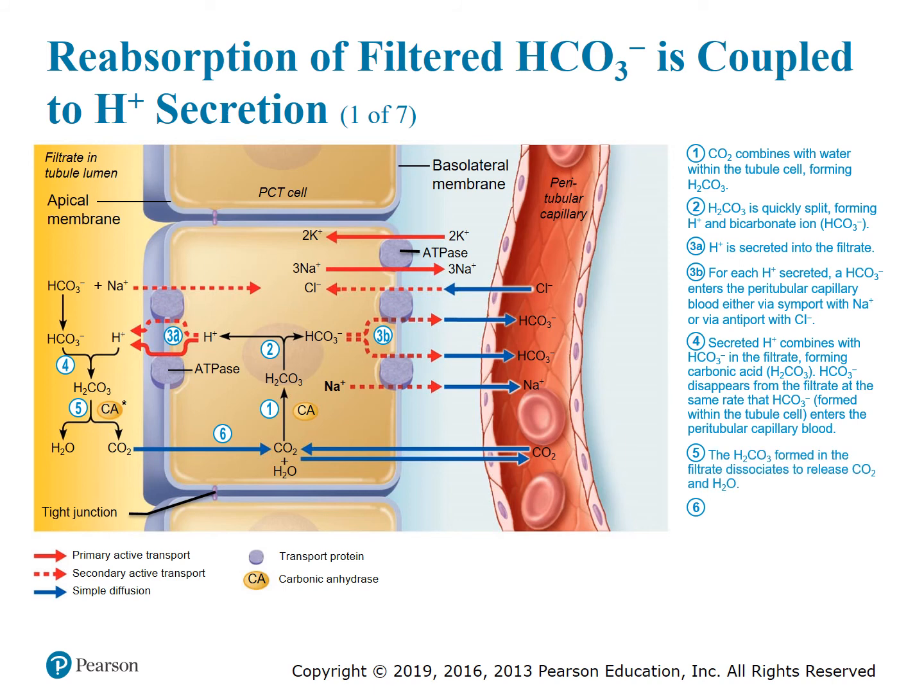So this carbonic acid that gets formed in the filtrate will then dissociate to release CO2 and H2O. And from here, the CO2 can diffuse right back into the tubule cell, where it starts another round of hydrogen secretion.